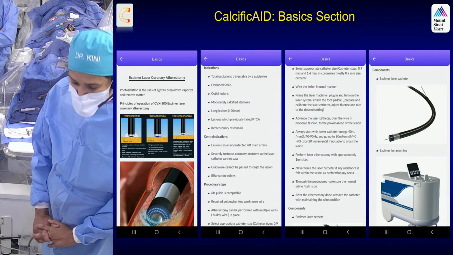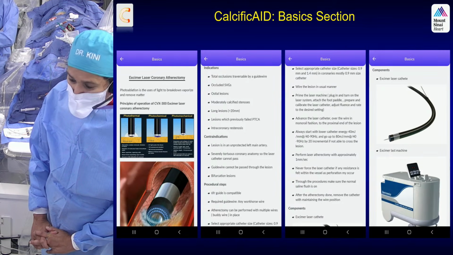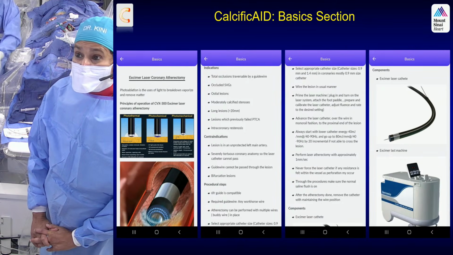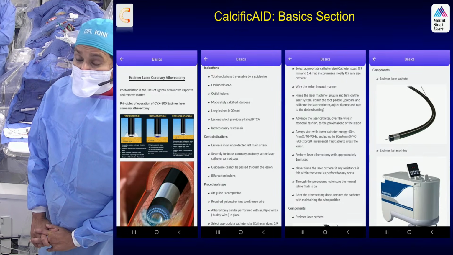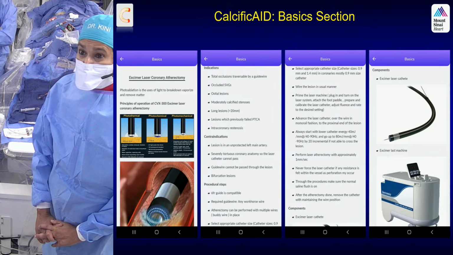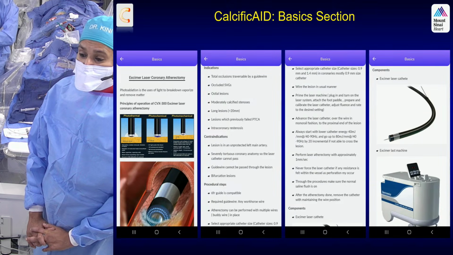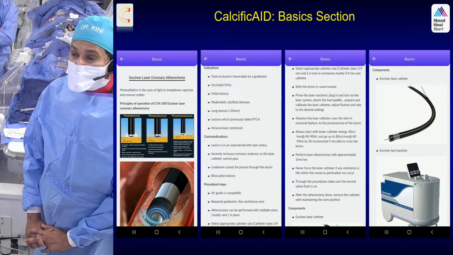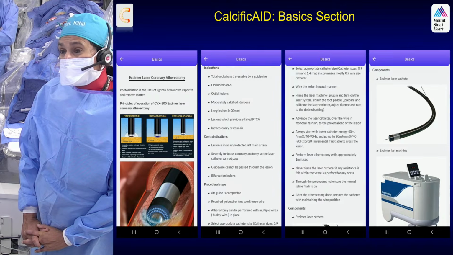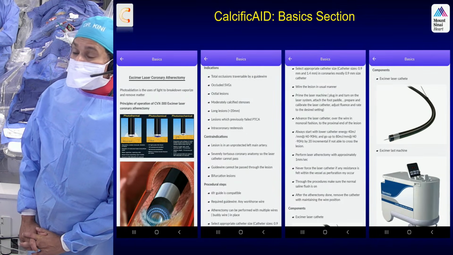I think the other cases where this becomes very helpful is when you cross a chronic total occlusion with your CTO wire and you're not able to advance anything else. You can create a path using the laser, provided you know that you were in the true lumen, not subintimal. If you're subintimal, avoid using a laser. But this becomes very handy in that situation also.